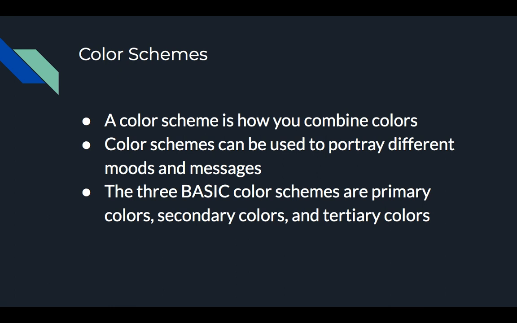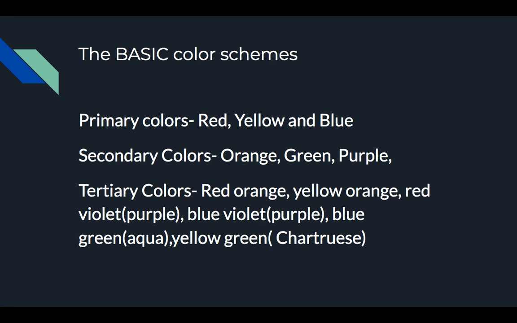Those are the three basic color schemes, and we're going to go into depth on those three basics and further on. Okay. So the basic color schemes, like I said, start with primary colors: red, yellow, and blue. The secondary colors are orange, green, and purple.